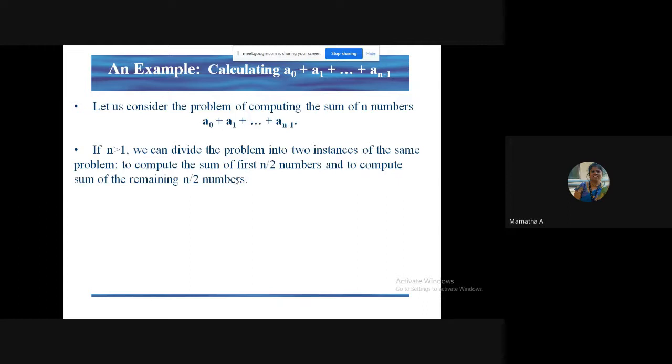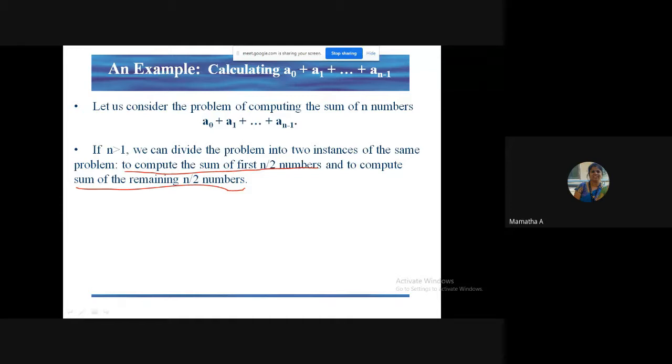The second problem is to compute the sum of the remaining n by 2 numbers.